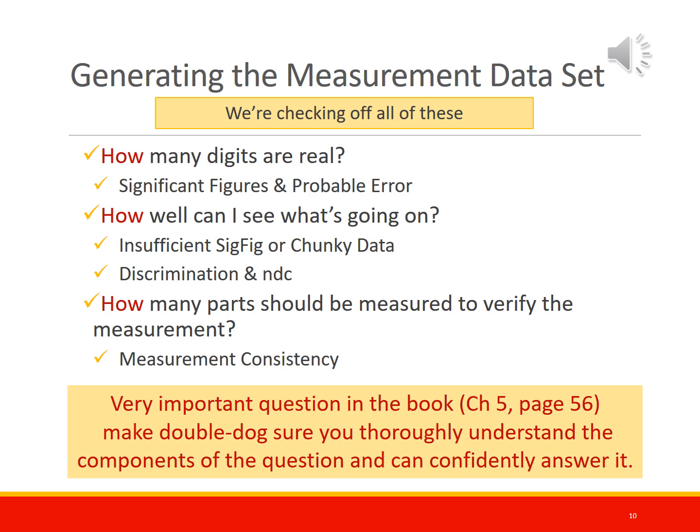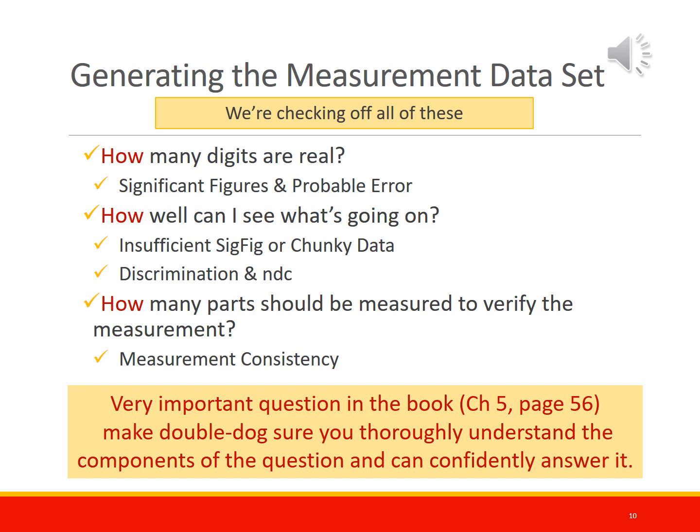And that's with the measurement data. That discussion involved insufficient significant figures, or sig fig, or that whole idea of chunky data. And also we talked about discrimination and NDC, number of distinct categories. And now finally we talked about how many parts should be measured to verify the measurement. That was the whole idea of the del and 2 distributions, the goal and actual. That was that measurement consistency and the magic number that we're looking at often.